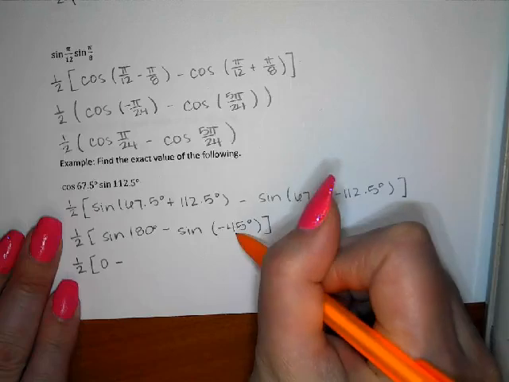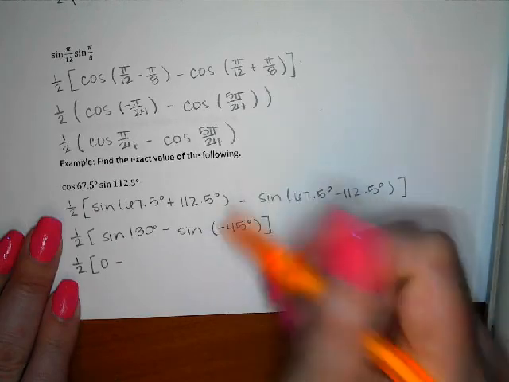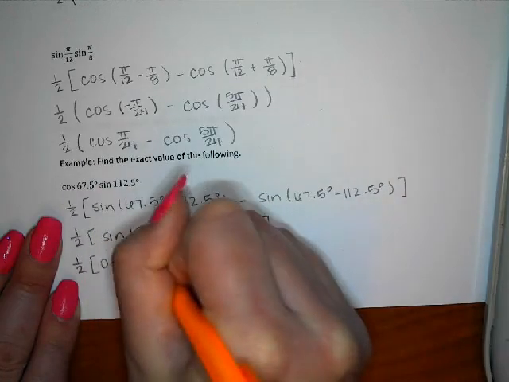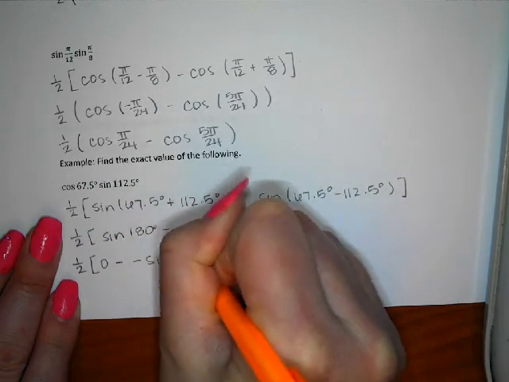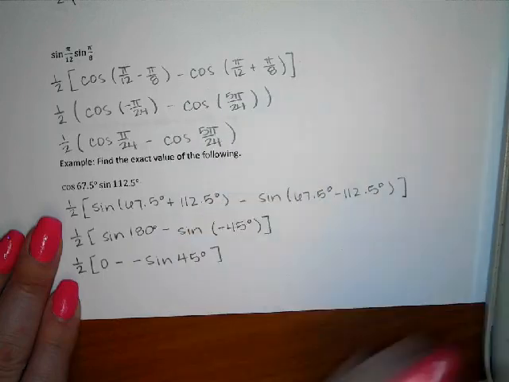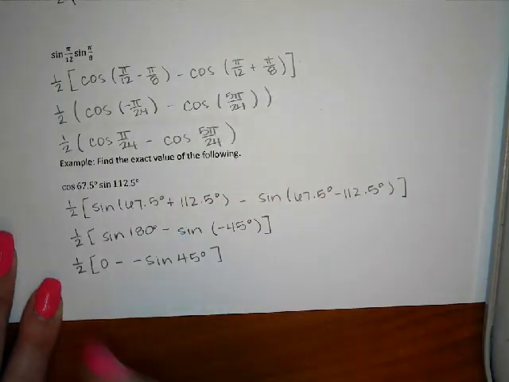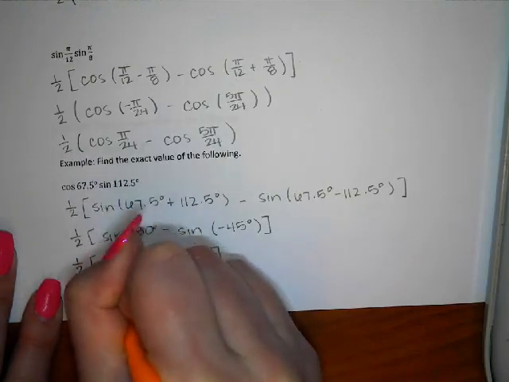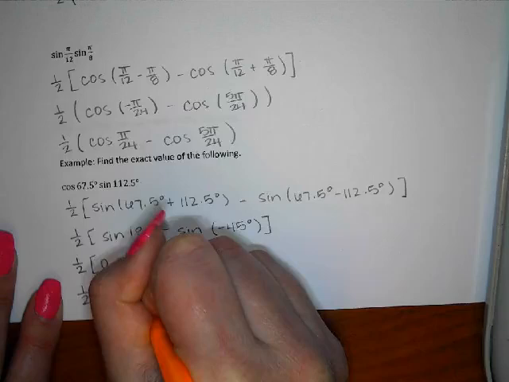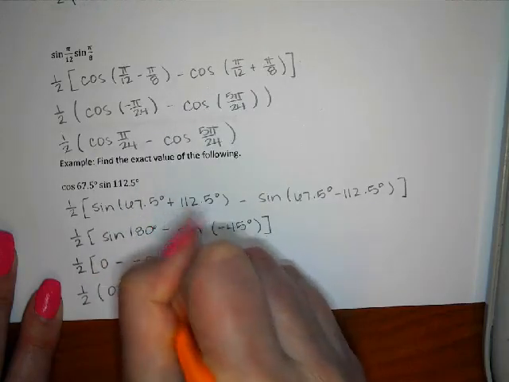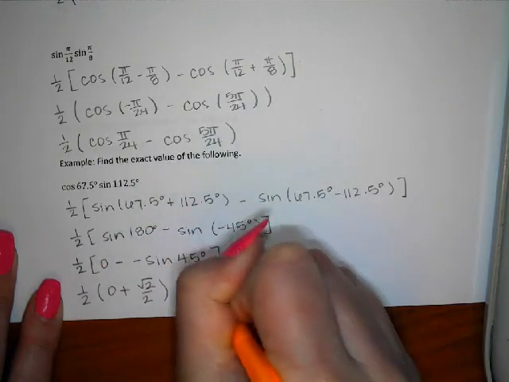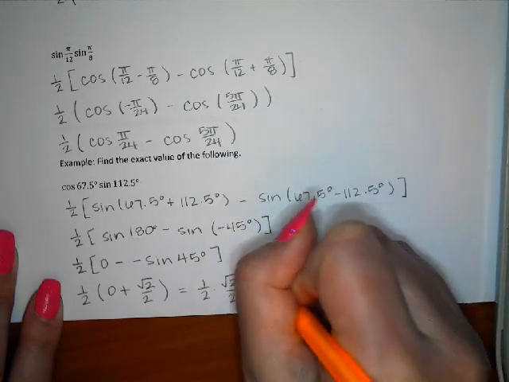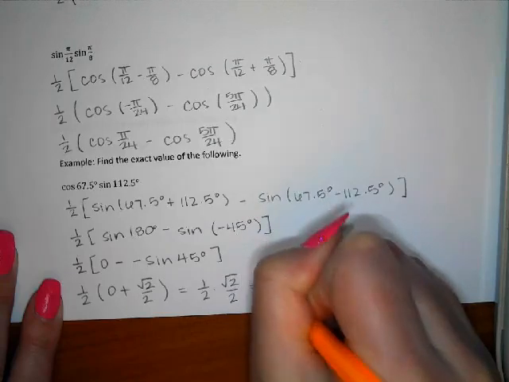Sine of negative 45, we know you just take the negative away from here and it's negative sine of 45. Negative sine of positive 45 degrees. And so 2 minuses in a row make a plus. So I've got 1/2 times 0 plus sine of 45 is root 2 over 2. So I have 1/2 times root 2 over 2. And so that's going to give me root 2 over 4.